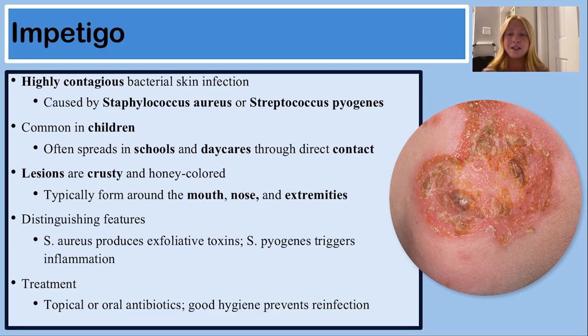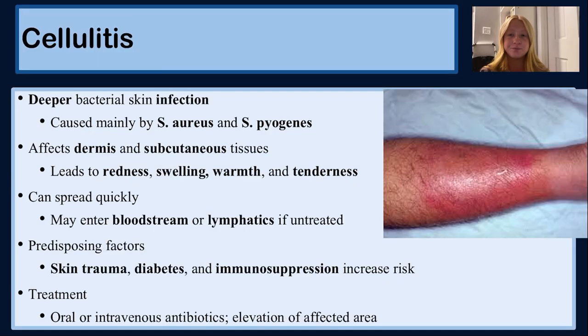This infection is interesting because of the mechanism of damage. Staphylococcus aureus produces exfoliative toxins that separate the skin's layers, and Streptococcus pyogenes triggers immune-mediated inflammation. Treatment involves antibiotics and maintaining good hygiene to stop the spread. But reinfection is common if contaminated items like towels aren't cleaned properly.